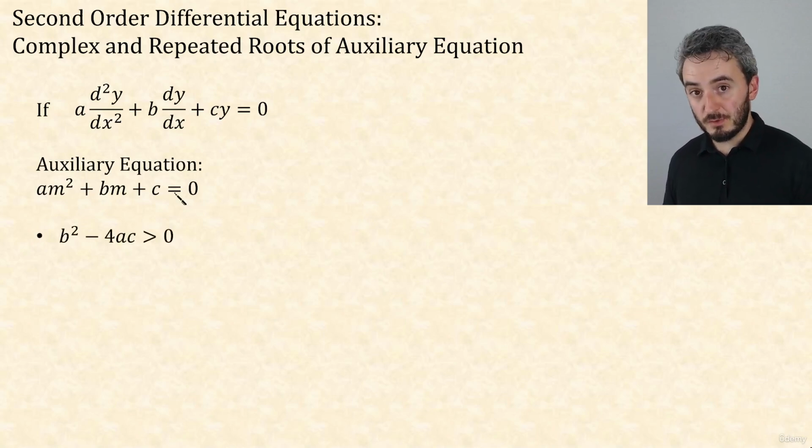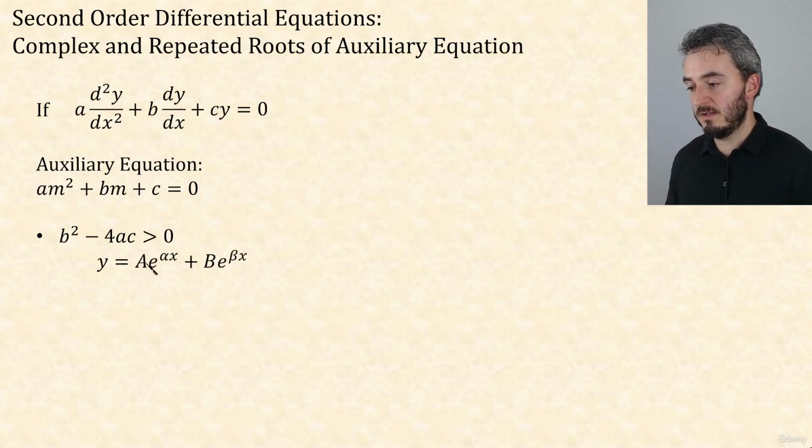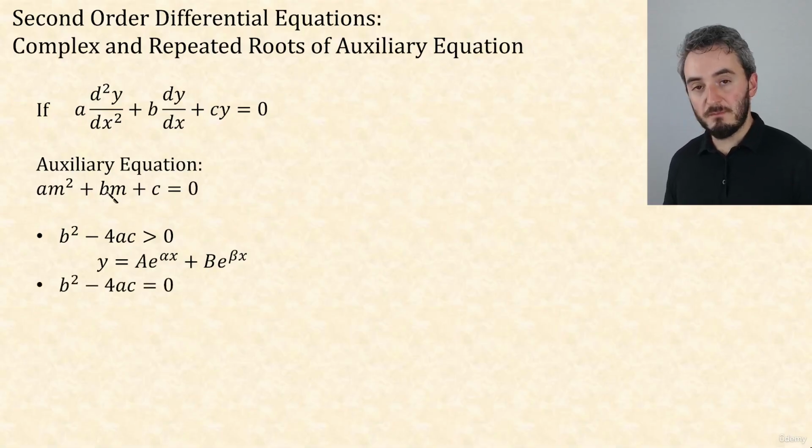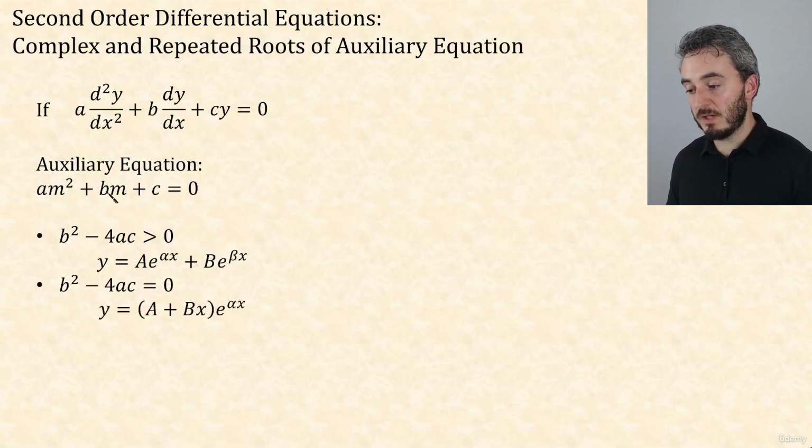If it has distinct real roots, i.e. if b squared minus 4ac is positive, then the general solution is just a times e to the alpha x plus b times e to the beta x, where alpha and beta are the solutions of your auxiliary. If b squared minus 4ac is 0, so you have a repeated root, then the general solution is y equals e to the alpha x, where alpha is the solution of the auxiliary equation, times an arbitrary linear term, that's a plus bx.